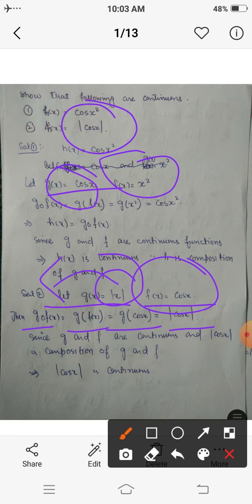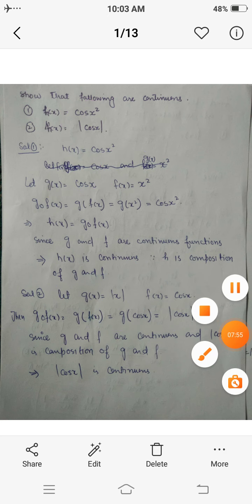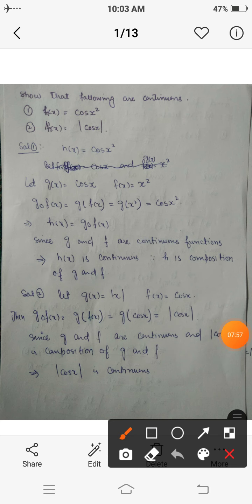The modulus function g of x is continuous on its domain. You know that trigonometric functions are continuous. In particular, cos is continuous, and mod cos x is a composition of two continuous functions. So by the previous theorem we can say that mod cos x is also continuous.